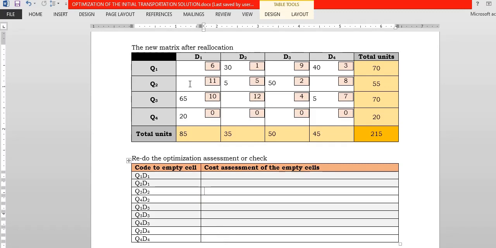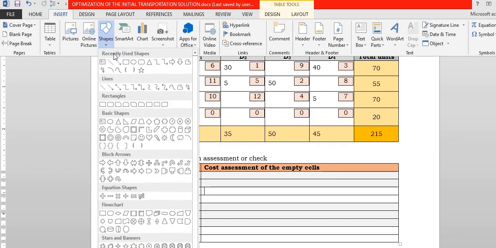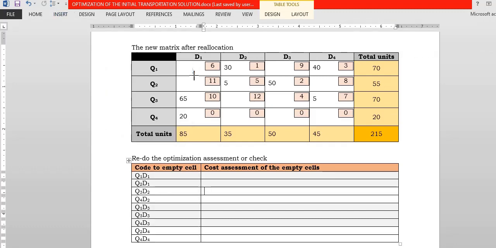Now let's do our closed loop and see if there is any possibility of minimizing our costs even further. So for Q1 D1, let's see if we can get a closed loop. So from here, Q1 D1, we shall move from here, and yeah, I can see the closed loop is there. From here, we shall move downwards up to here.